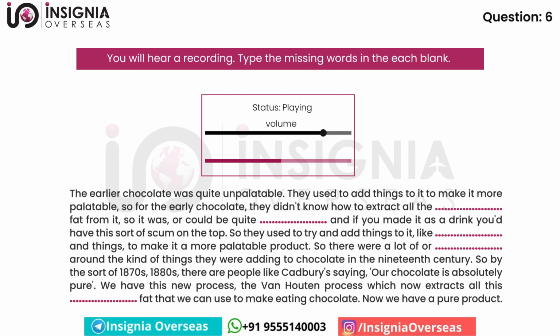So there were a lot of scandals around the kind of things they were adding to chocolate in the 19th century. By the 1870s, 1880s, there are people like Cadbury's saying, our chocolate is absolutely pure. We have this new process, the Van Houten process, which now extracts all this horrible fat that we can use to make eating chocolate. Now we have a pure product.